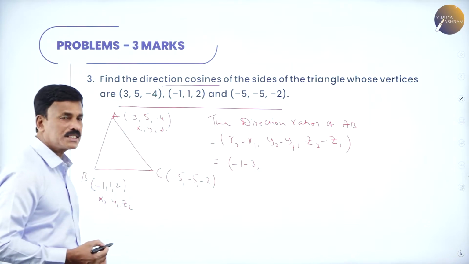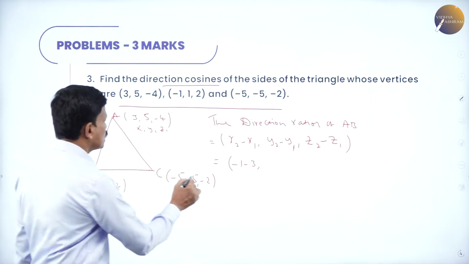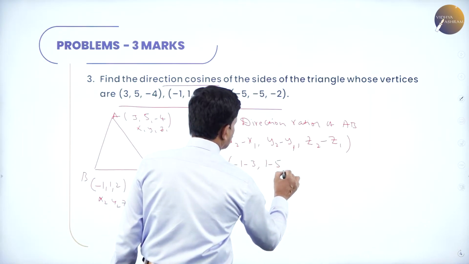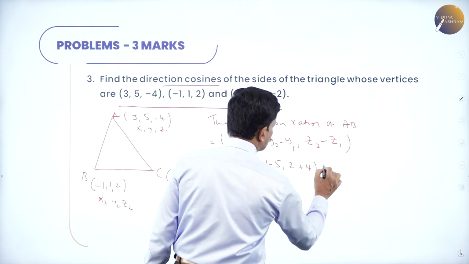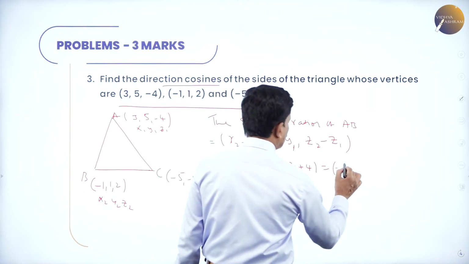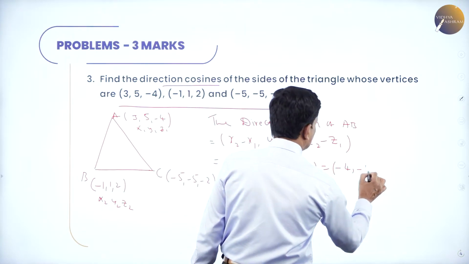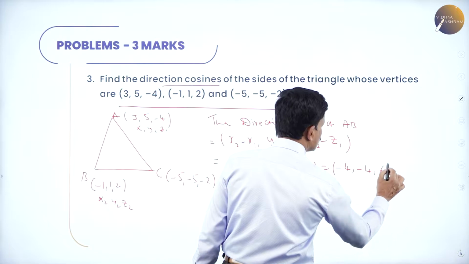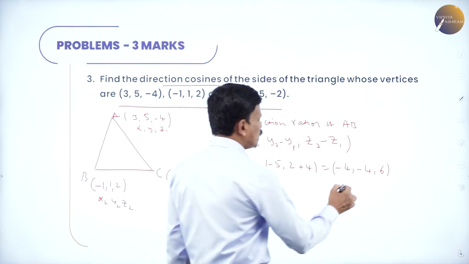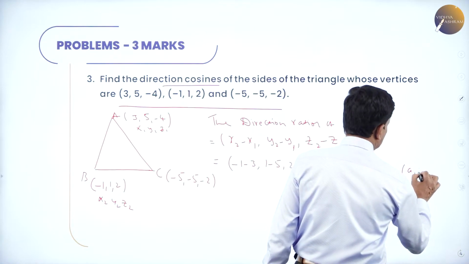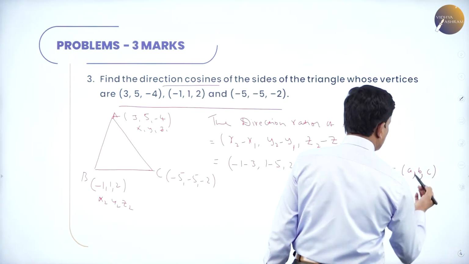So it is minus 1 minus 3, 1 minus 5, and 2 minus (minus 4) which is 2 plus 4. This is equal to minus 4, minus 4, 6. Let us call it as A, B and C.